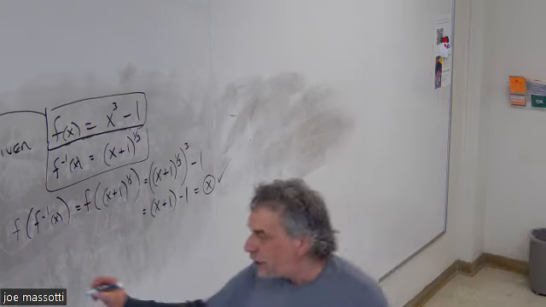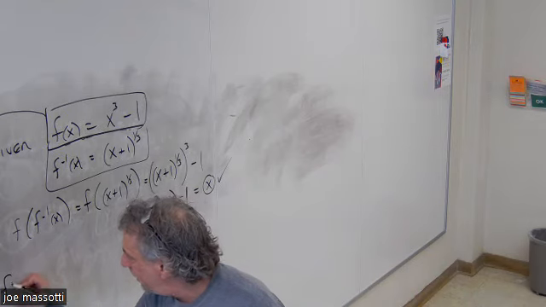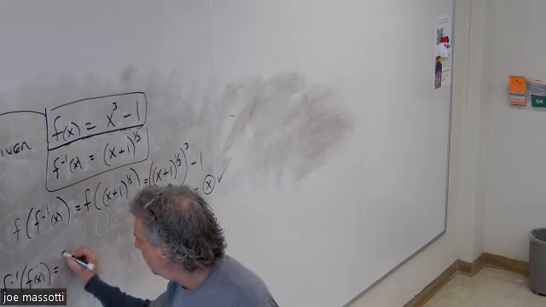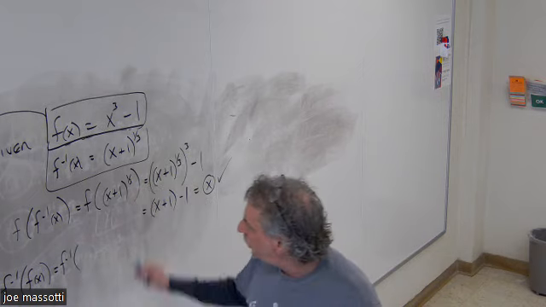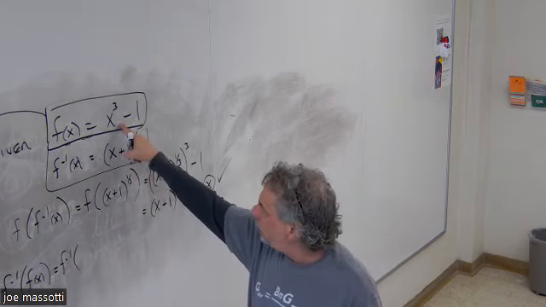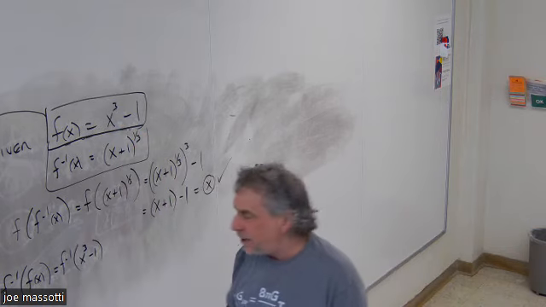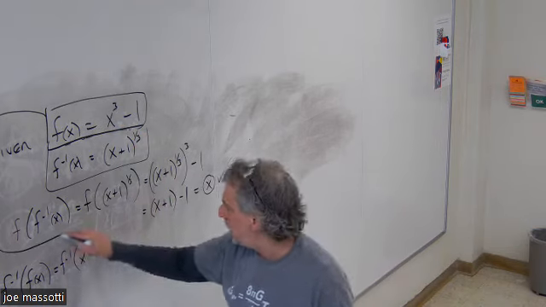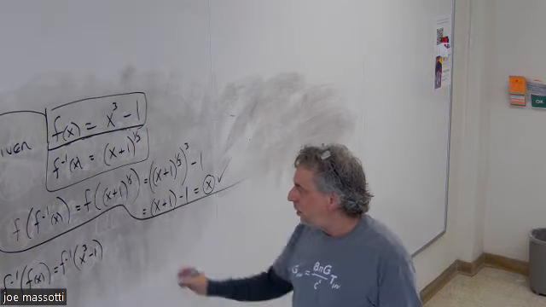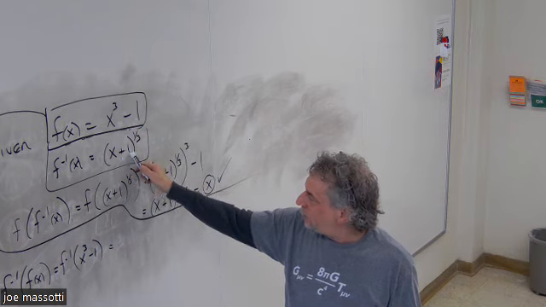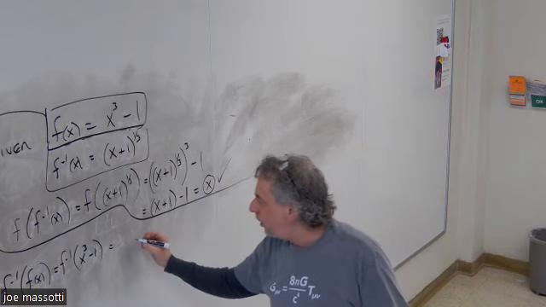Again, we have to do it in both directions, so now I'm going to take the inverse function of f of x. Now I'm going to use the inverse function definition, and I'm going to use this as the input to that function. Draw a line under here. All right, so now the inverse function says, take the input, add 1 to it, and then raise that result to the 1/3.